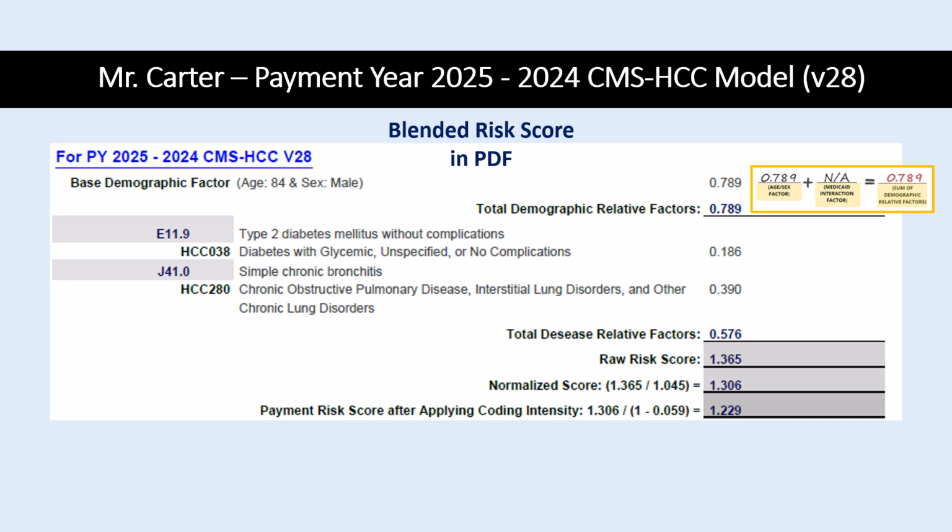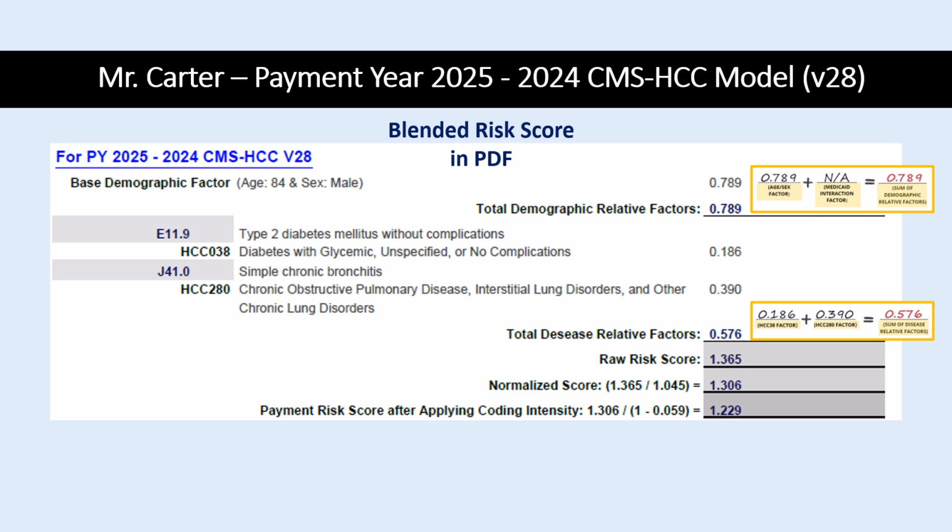Since there are no disease or disabled/disease interactions for this beneficiary, to compute the sum of Mr. Carter's disease relative factors, add the relative factor for HCC 38, which is 0.186, to the relative factor for HCC 280, which is 0.390. This makes the sum of Mr. Carter's disease relative factors, using the 2024 CMS-HCC model, 0.576.